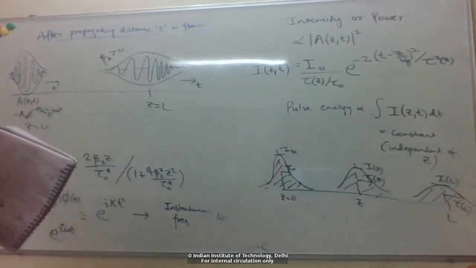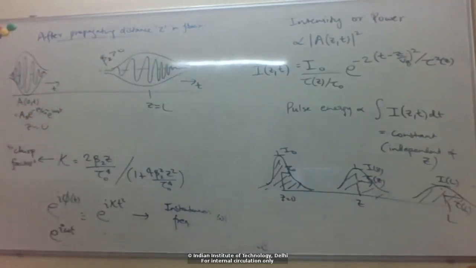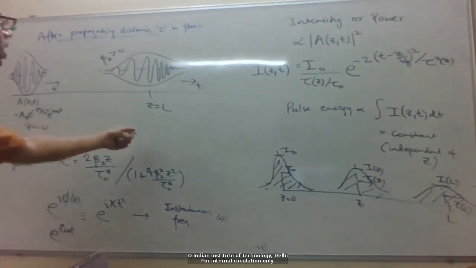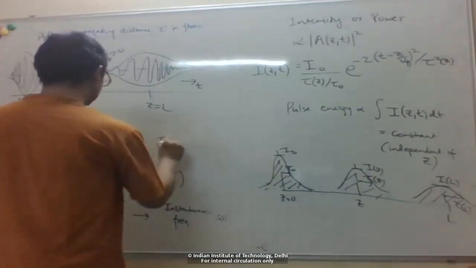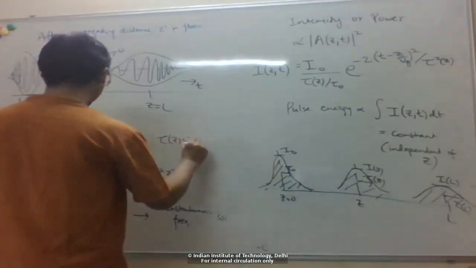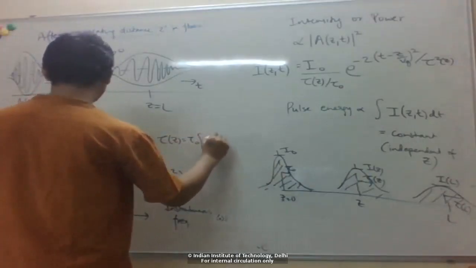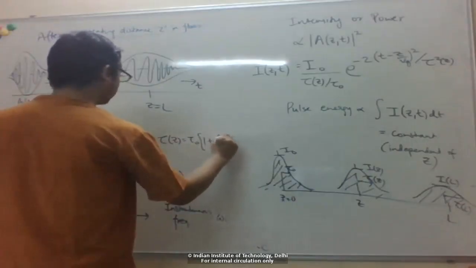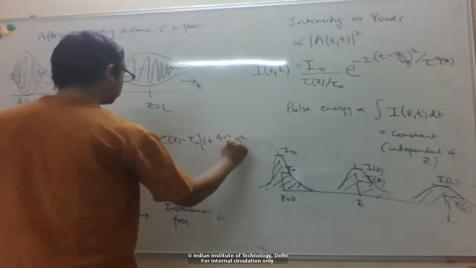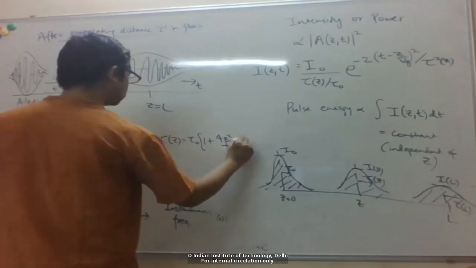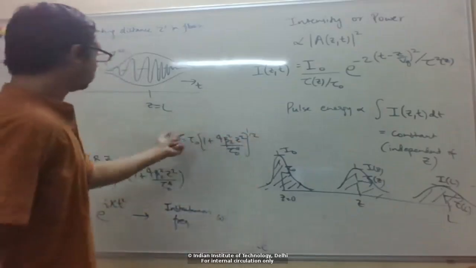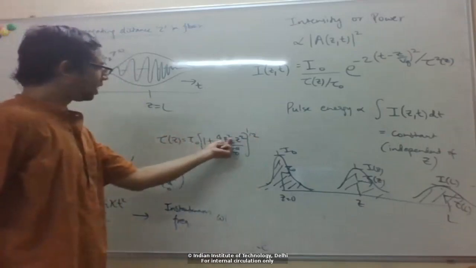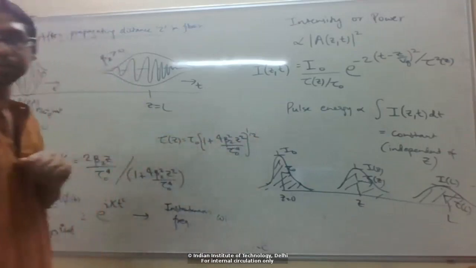I just erased the broadening, but tau of z depends on the square of beta 2. So positive or negative doesn't matter for the broadening.